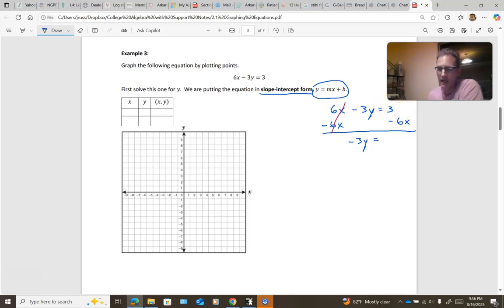So you can't actually subtract 6x from 3, because we don't know the value of x. So what we do is we just rewrite them. And if I want to keep it in this form right here, I'm going to put my -6x term first, and I'm going to put my +3 second. I put +3 because it's a positive right here, okay?